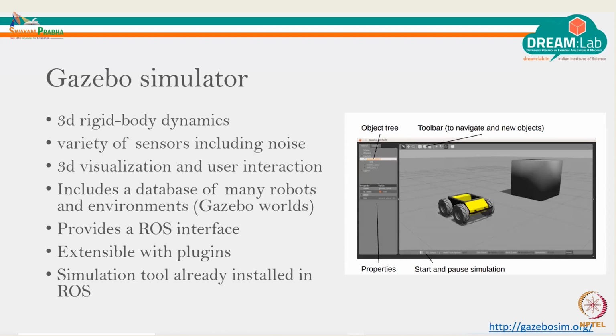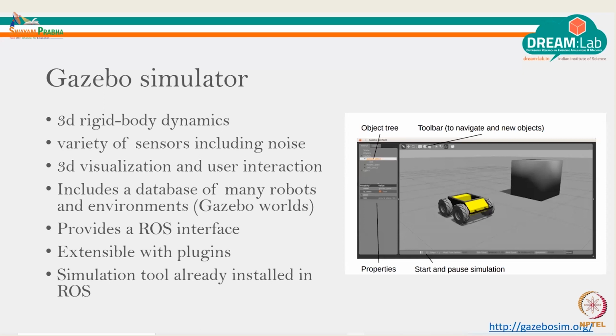It allows us to simulate 3D rigid body dynamics, which in our case would mean multi-body robots like robotic arms, or let's say any drone, or even obstacles like trees and buildings; all those we can model over here. It is also used to simulate different sensors, which can include noise as well, and we can add these objects inside the simulation.